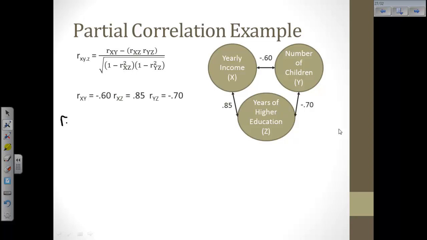So R, X, Y, Z. So R, X, Y, the relationship between our independent and dependent variable in this case, negative 0.60 minus RXZ, which is 0.85, times RYZ, which is negative 0.70.